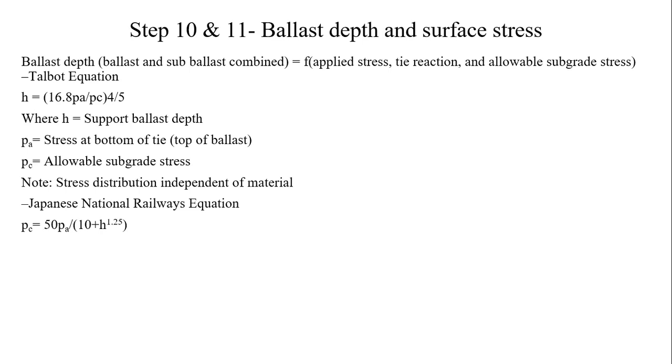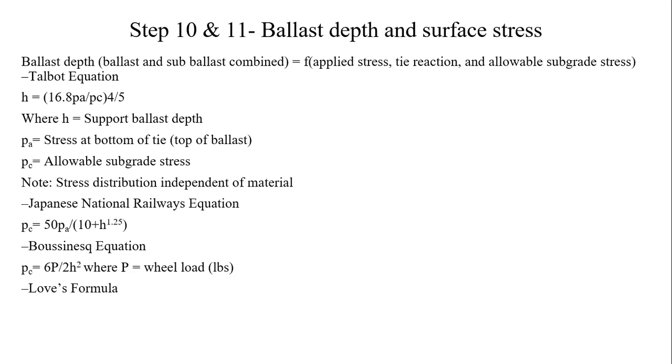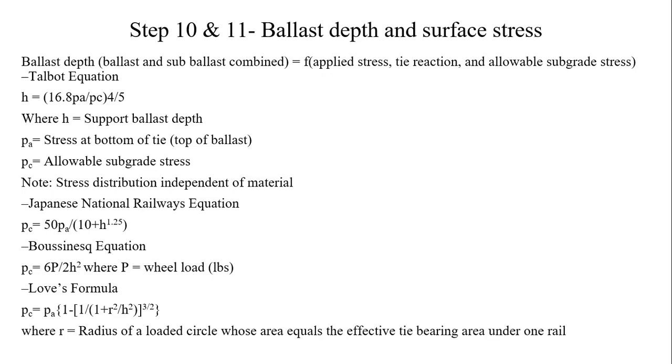Then allowable subgrade stress can also be calculated from a linear equation. The Gaussian equation can also be used, and there is a scientist known as Love who has his own formula for calculation, where R is the radius of a rotated circle whose area equals the effective tie bearing area.